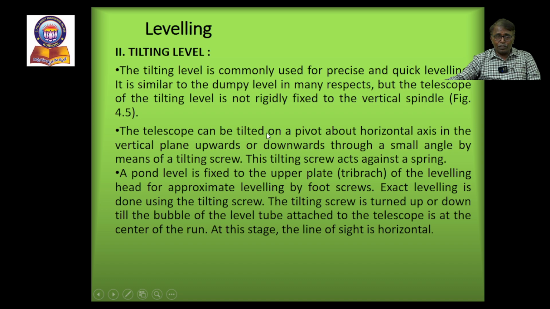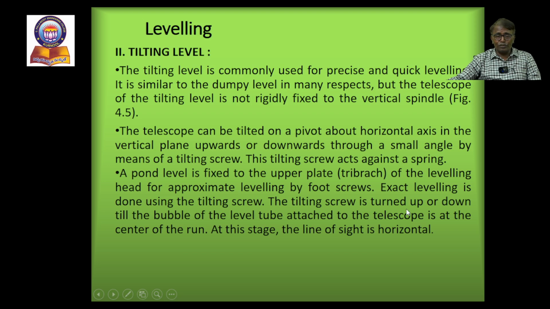The telescope can be tilted on a pivot about a horizontal axis in the vertical plane, upwards or downwards through a small angle by means of the tilting screw. This tilting screw acts against a spring. A pond level is fixed at the upper plate of the leveling head for approximate leveling by foot screws. Exact leveling is done by using the tilting screw.